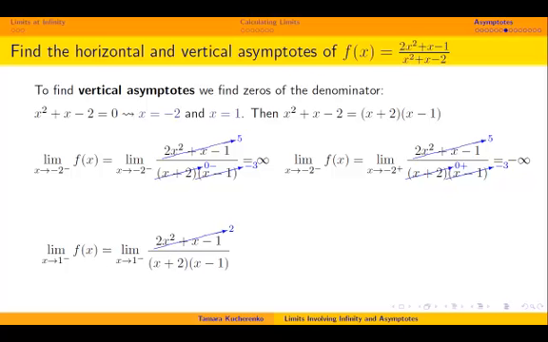At 1, x plus 2 equals 3, and x minus 1 at 1 is 0. Since x approaches 1 from the left, x minus 1 approaches 0, staying negative. Therefore, the limit is negative infinity.